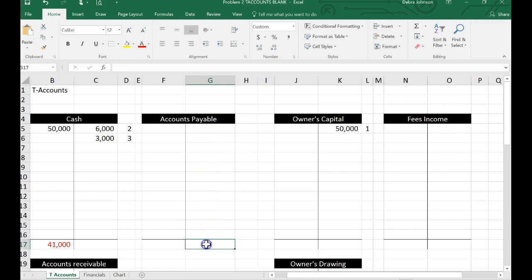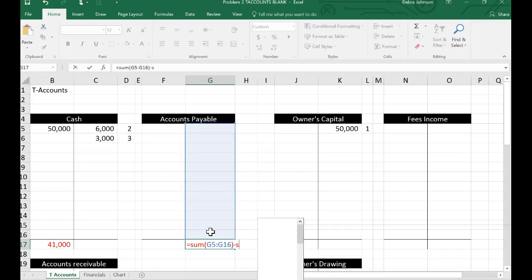So I'm going to start over here, and I'm going to write the formula to be the sum from the top to the bottom of the credit side. I'll close my parentheses, minus the sum, open the parentheses, from the top to the bottom.